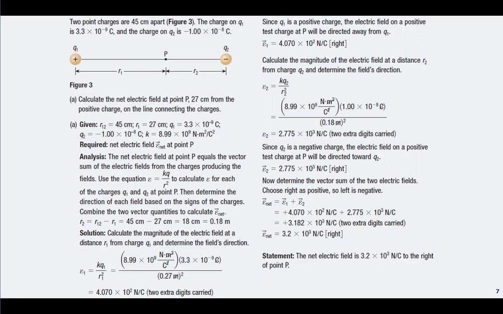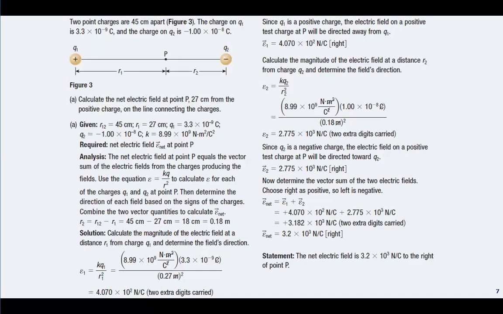Using the same method, we can also calculate the magnitude and direction of the electric field due to point charge Q2. Again, put all the values in. We have the electric field due to Q2 at point P is 2.775 times 10 to the power of 3 newtons per coulomb. Since Q2 is a negative charge, the electric field on the positive test charge at P will be directed toward Q2.